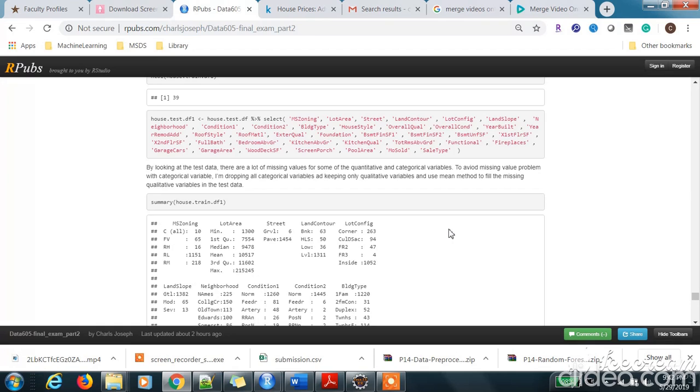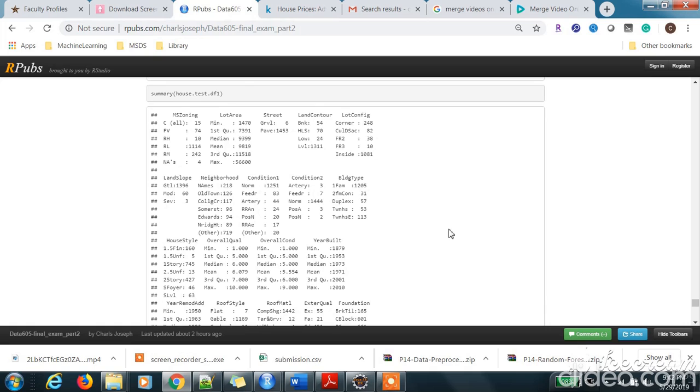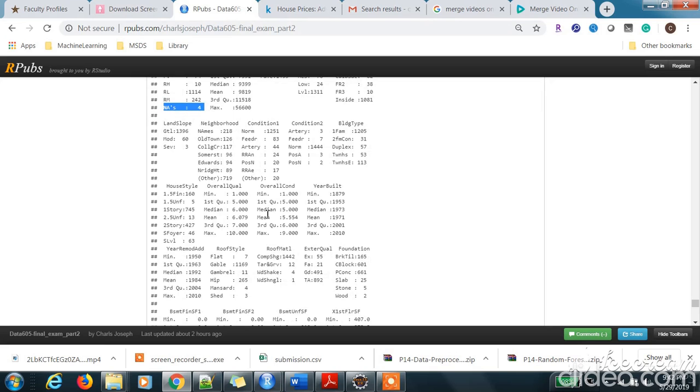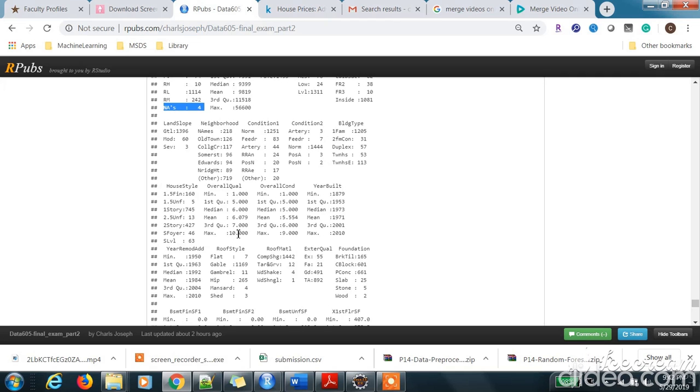Apart from that, if you look at the testing data set, there are some missing values over here. For instance, MS zoning has missing values, and there are a couple more independent variables which have missing values. There are a lot of categorical and quantitative variables with missing values. It's really difficult to fix categorical missing values.